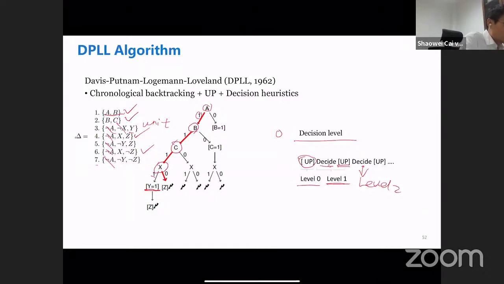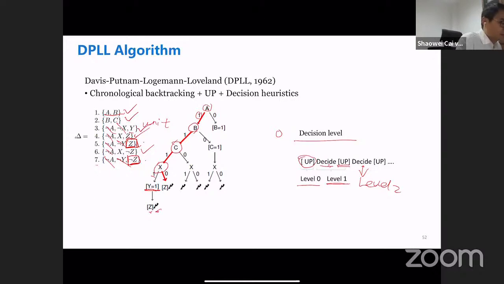So Y is implied to 1, and then we also have Z. If Y is implied to 1, then we have this unit clause, and this unit clause. But these 2 clauses can produce an empty clause, right? Because G must be true and G must be false, so we have a conflict here.